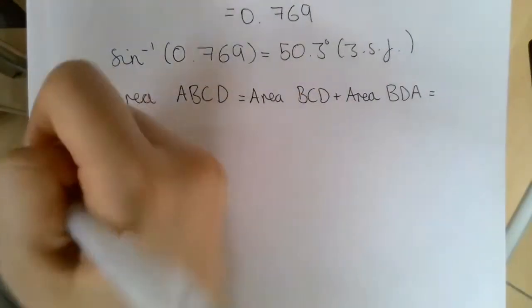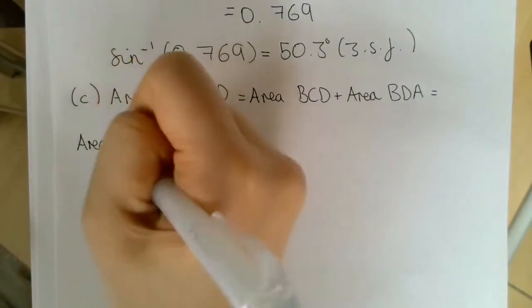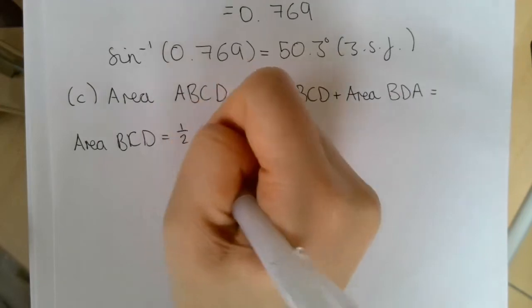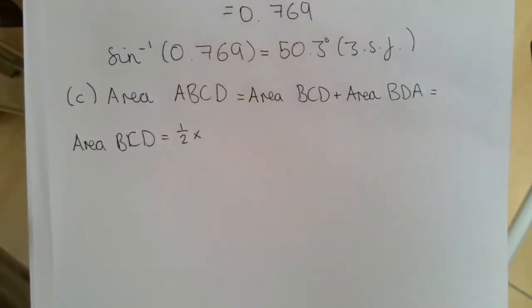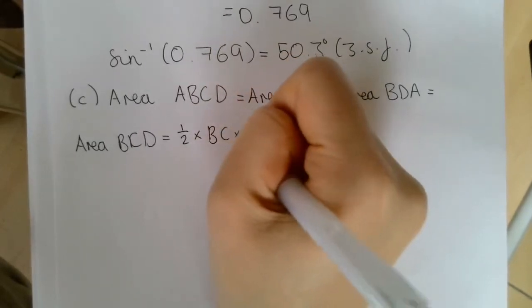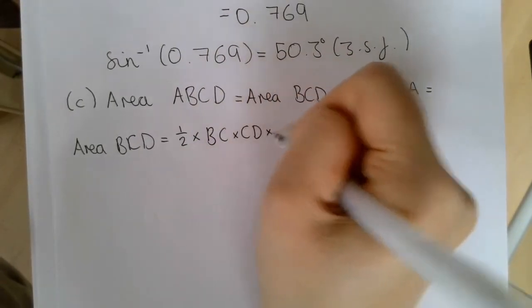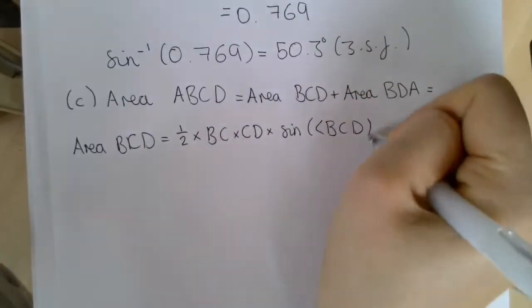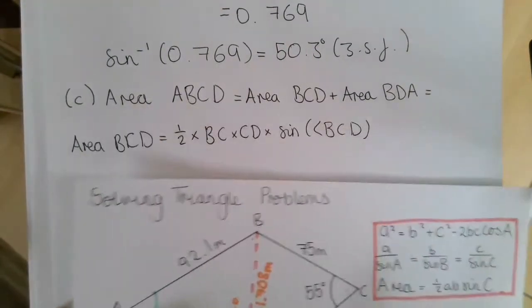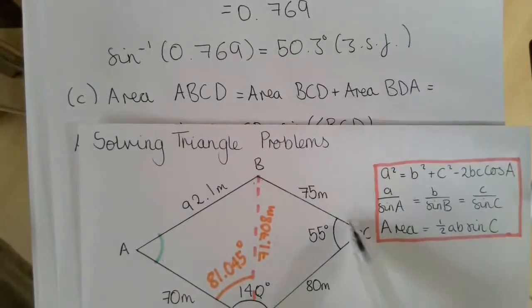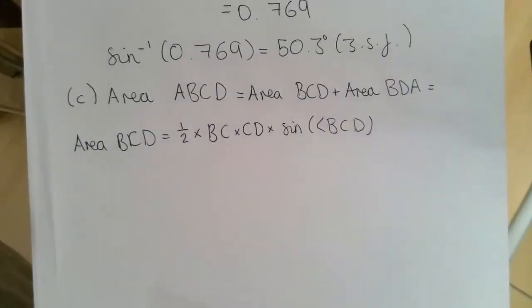So first of all, area BCD, we've got a half multiplied by BC multiplied by CD multiplied by sine angle BCD. So we've got, for BCD, half multiplied by this length, and the sine of that angle.